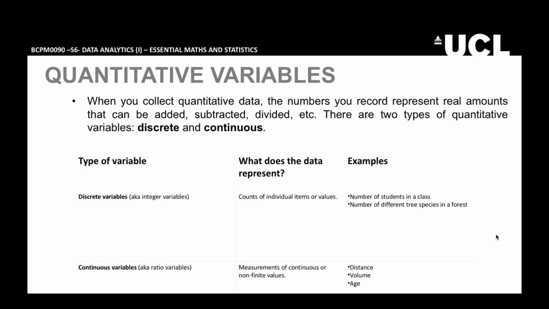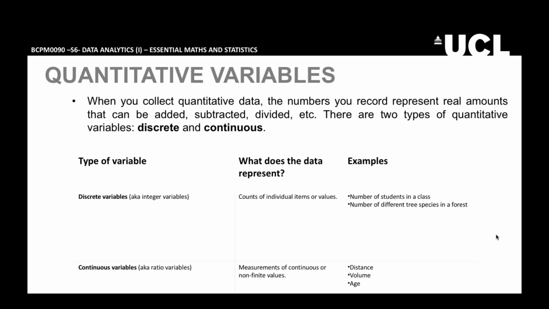Now we are going to introduce the quantitative variables. When we are using quantitative data, the numbers that we are using represent real amounts that can be added, subtracted, divided, etc. There are two types of quantitative variables: discrete and continuous.